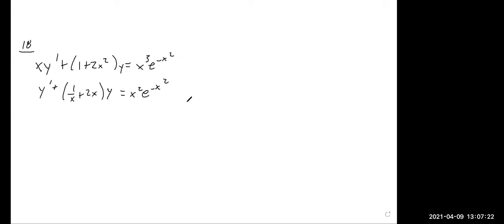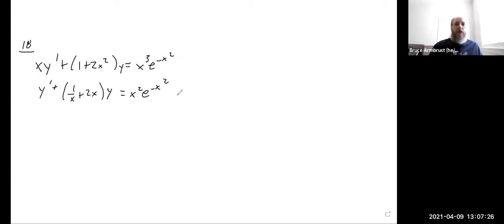We need to find a solution for a homogeneous. Okay, so we're going to just look for the solution to the homogeneous. So we're going to pretend that that's 0. I mean, not even pretend, we can just go ahead and do that. So we need to solve this thing. All right, so the process for that, y1 is going to be e to the negative integral of p of x, so 1 over x plus 2x.